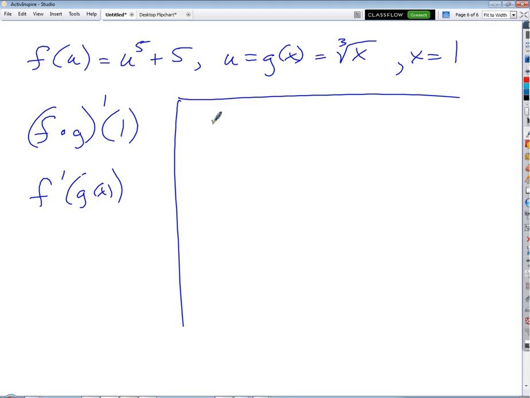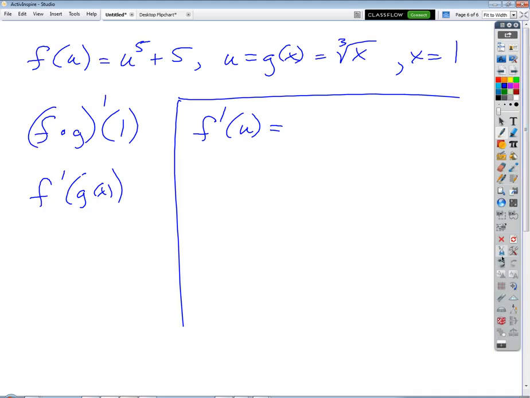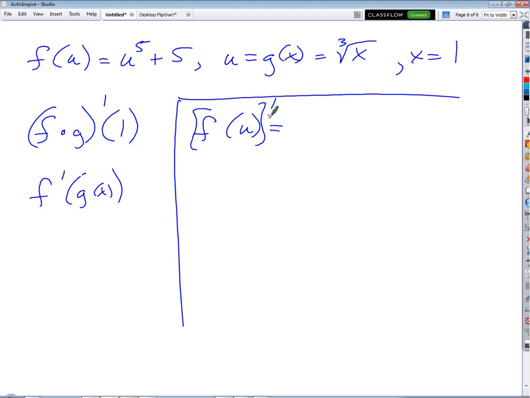So if I want to calculate f prime of u, what's that going to be by the chain rule? Let me write this a little differently. I want to make one small change here. What I should say is the derivative: f of u prime is equal to what, two steps?